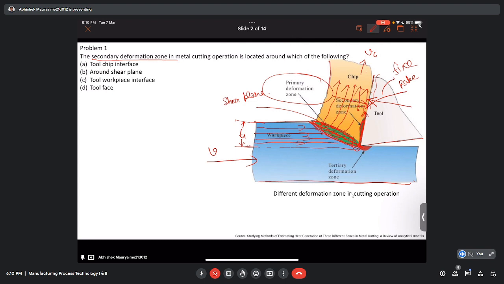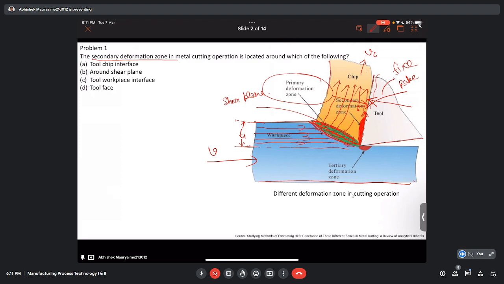This deformation zone is created because of the frictional force between the tool rake face and chip, and this is called the secondary deformation zone. There is also another, tertiary deformation zone, which happens here. Some part of the workpiece comes into contact after the cutting operation.